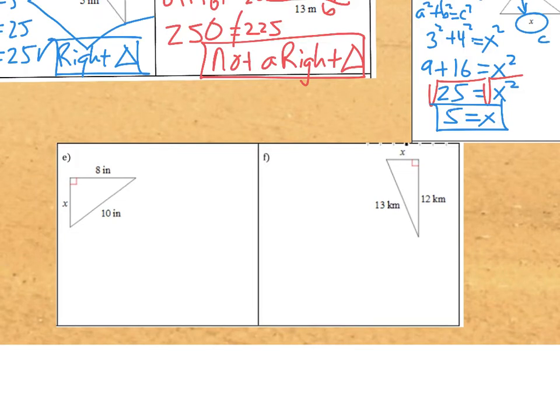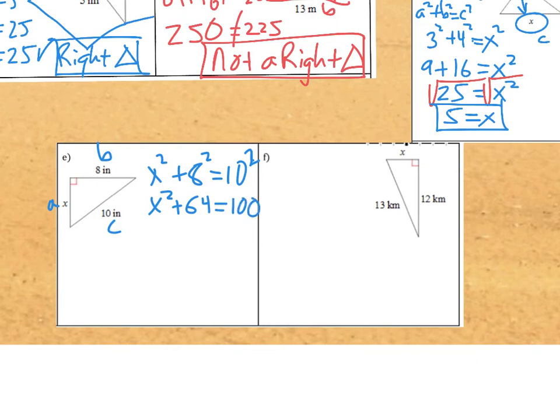All right, so let's practice a couple more. Let's do one, and then you might pause it and try the next on your own. So here we're missing a leg. So we've got x squared plus 8 squared equals 10 squared, because this is our A, B, and C. We know 8 squared is 64.